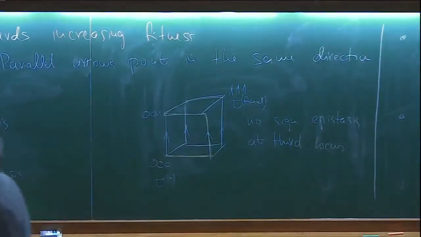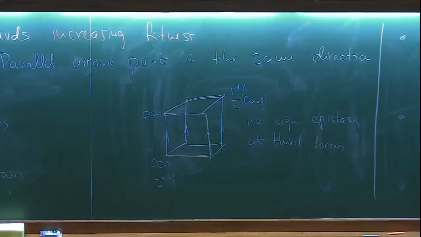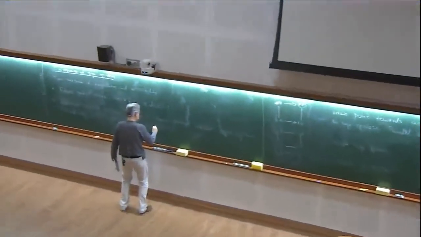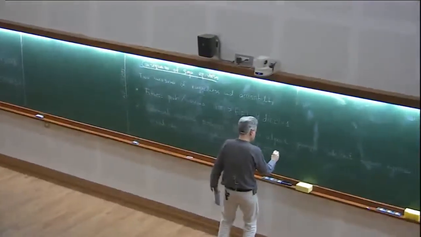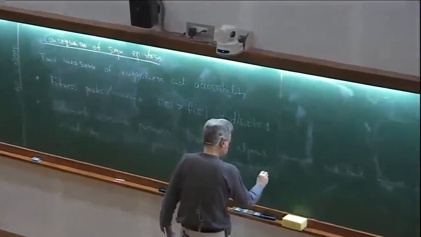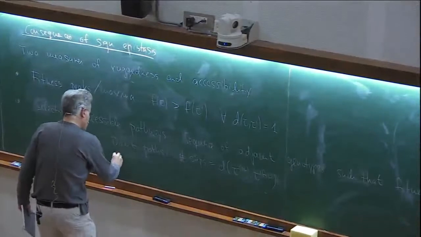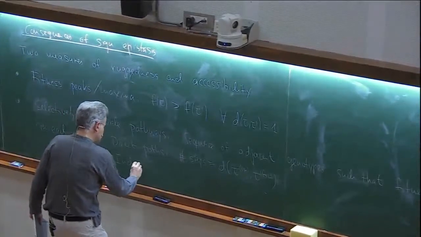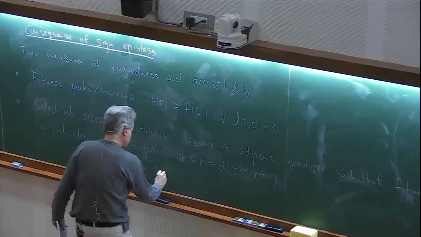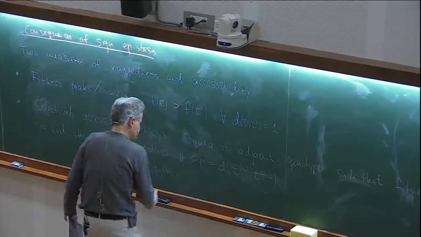A direct path is one where the number of steps in the path is equal to the distance, and indirect paths are those which are longer.